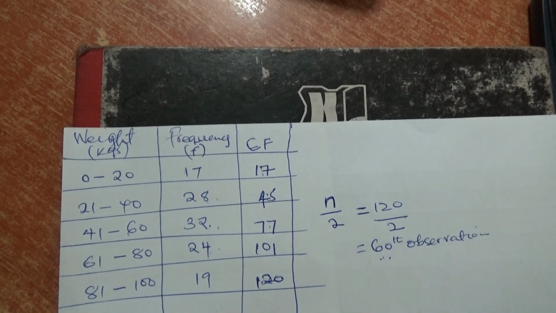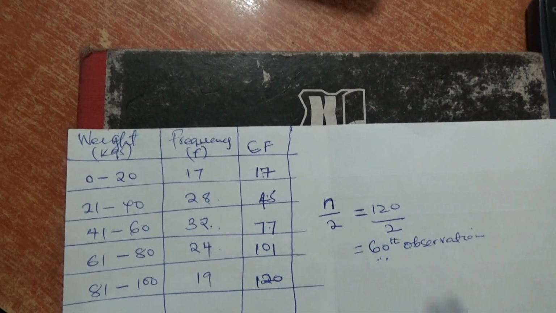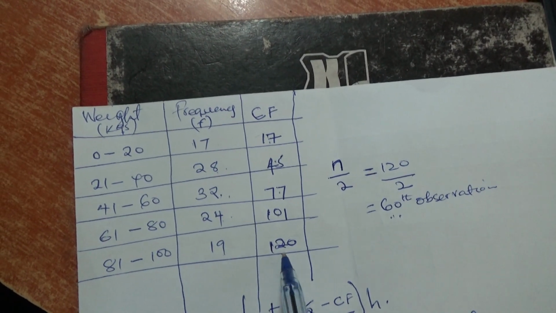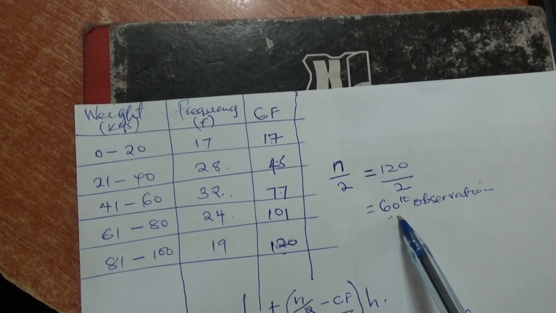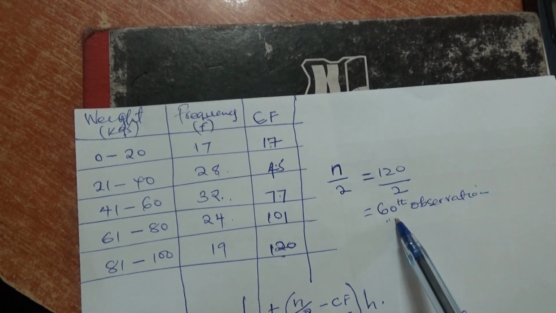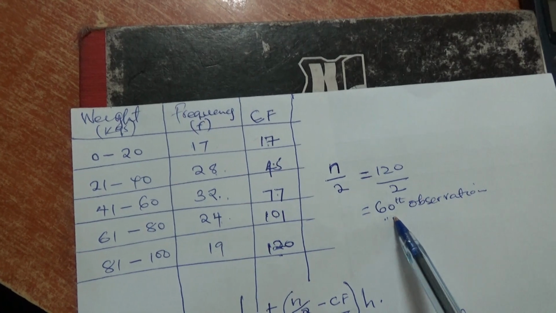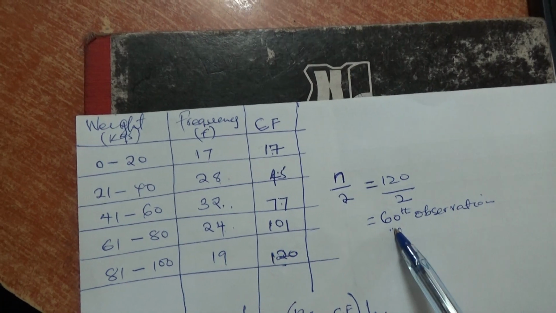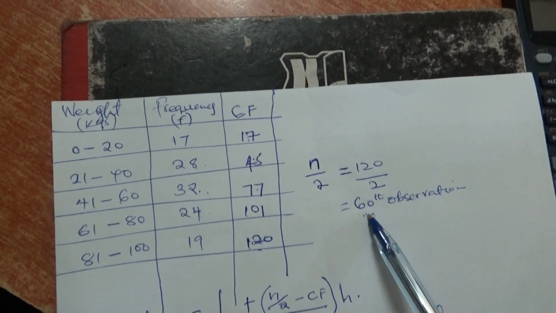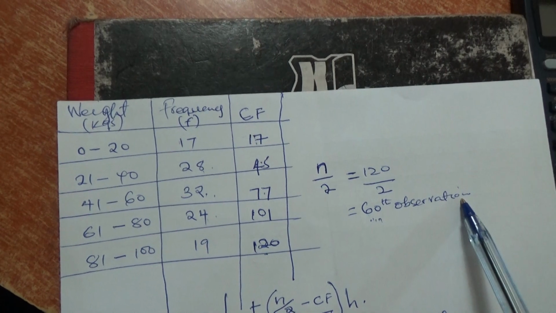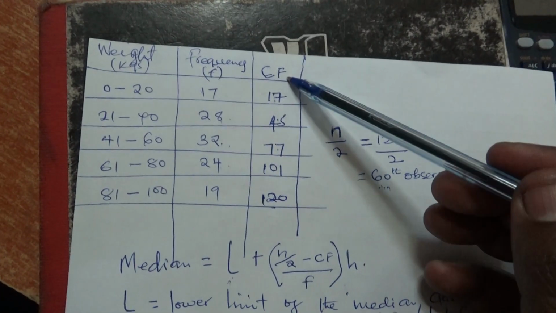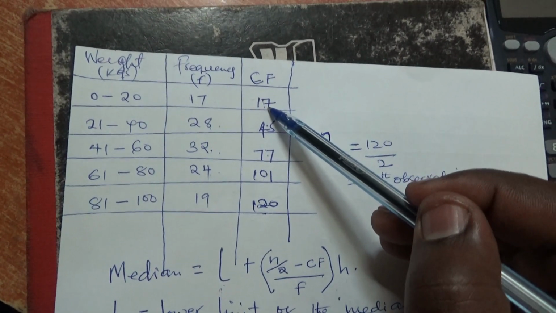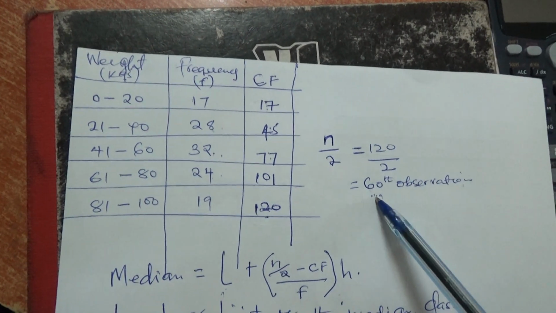So the total number of observations is 120. The 60th observation is the one that occurred in the middle, halfway through. That is why we divided the total by 2. If you look at the cumulative frequency, from the 1st to the 17th observation, you cannot find the 60th.